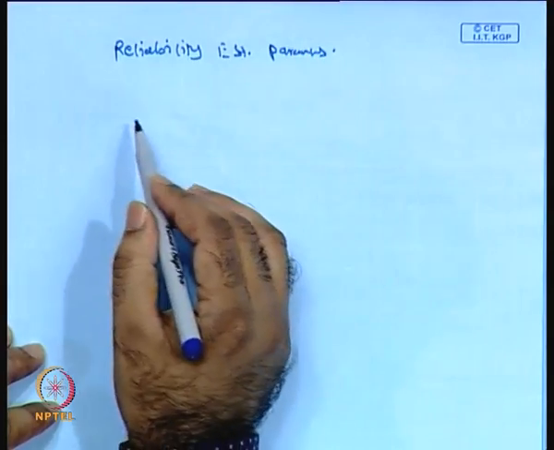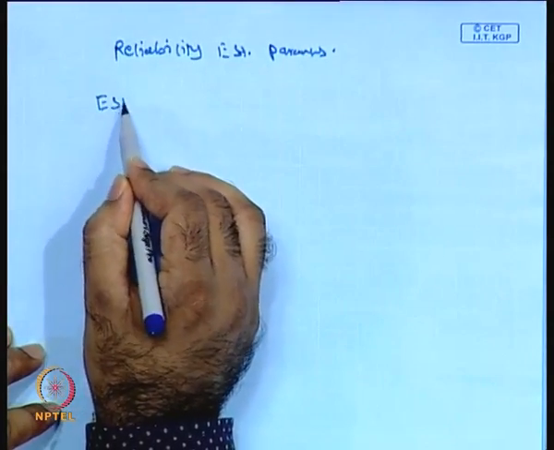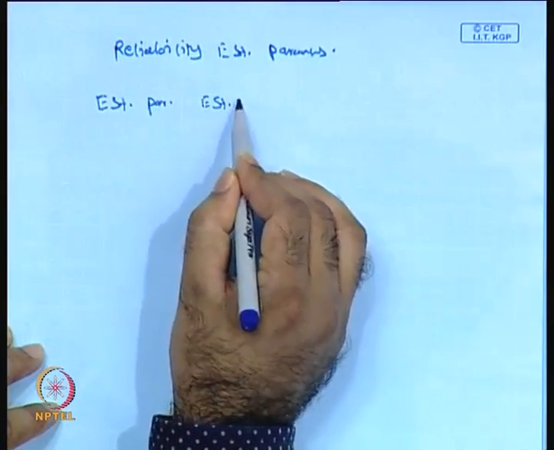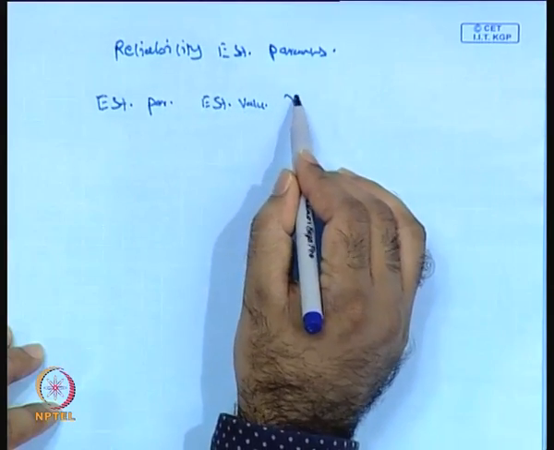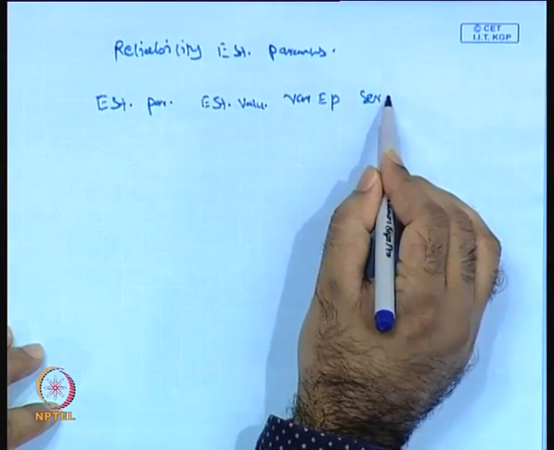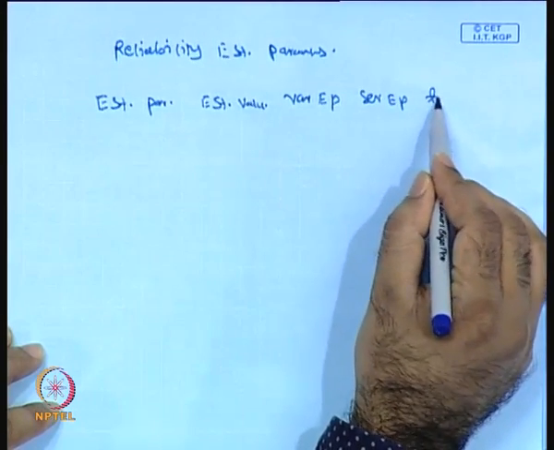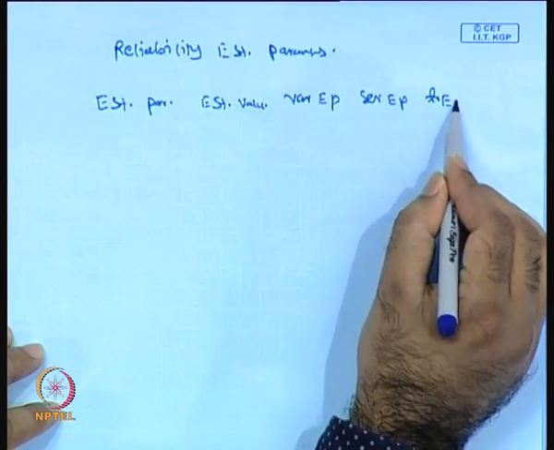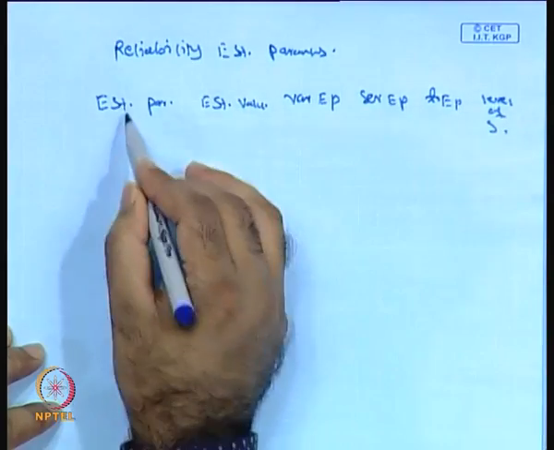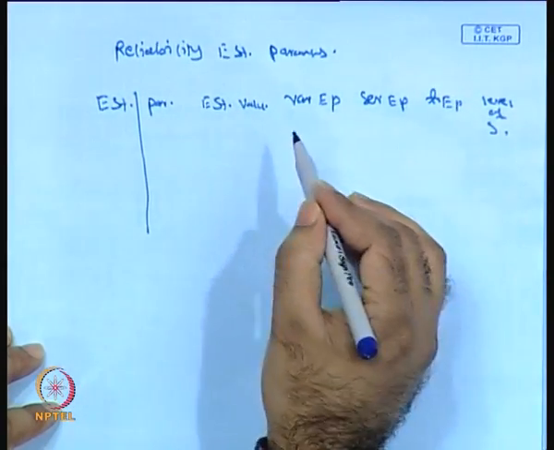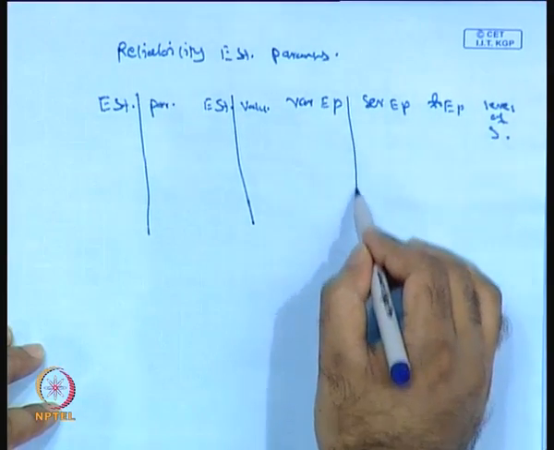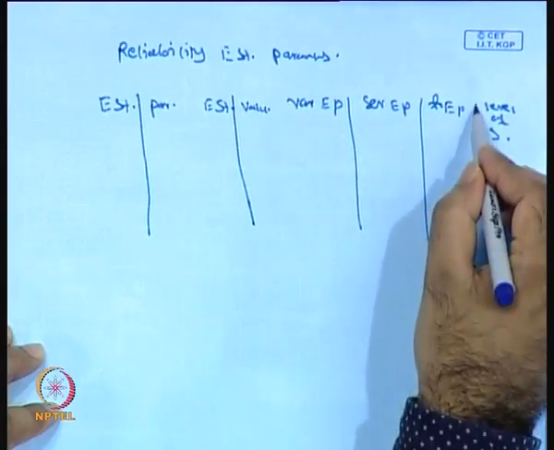The table has the estimated parameters, then the estimated value, then the variance of the estimated parameters, then the standard error of the estimated parameters, then the T of the estimated parameters, then the level of significance.